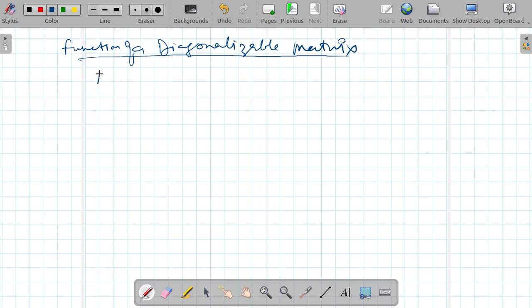Let A be a diagonalizable matrix, and S a diagonalizing matrix.